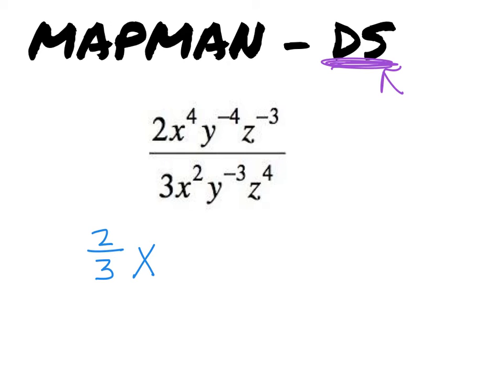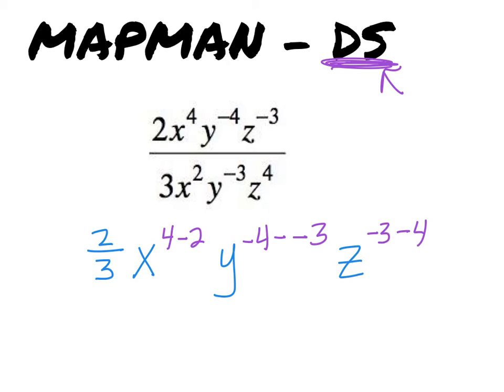We're going to subtract our exponents, so we have 4 minus 2. Then I'm going to write down my y base, and again I'm going to subtract my exponents. So I've got negative 4 minus negative 3. Make sure you get your minus and negative in there. And then I've got a z, and my exponent is negative 3 minus 4.